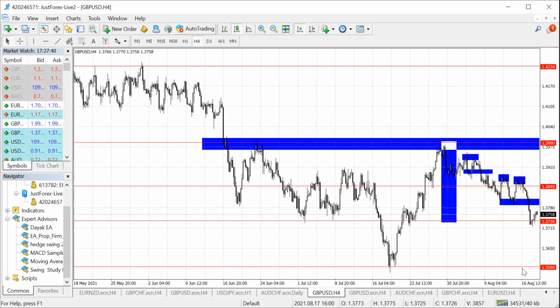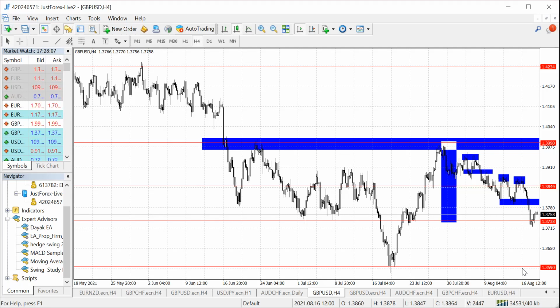Now, how are you going to trade GBP/USD? That's the main question many people may ask themselves: how am I going to trade this particular pair? Because I'm talking of lower highs and lower lows, but how will I trade it? Am I going to sell the market? Am I going to buy?